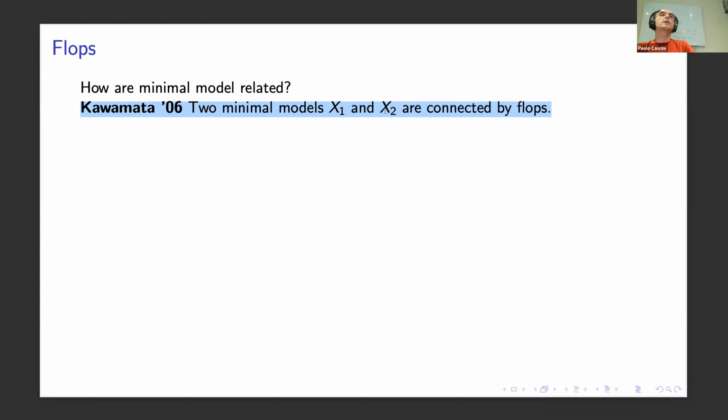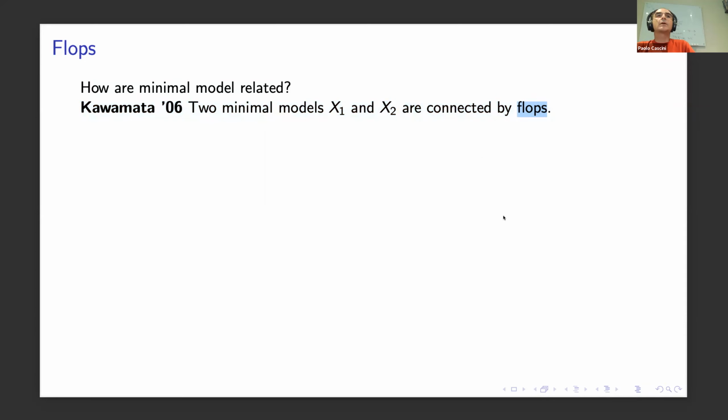And this is very interesting because we don't know if there are varieties which have infinitely many minimal models, at least if they're not of general type. And we can ask ourselves, okay, but if we have lots of them, how are they connected to each other? And we know that the answer is given by flops.